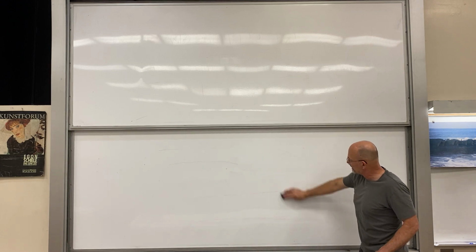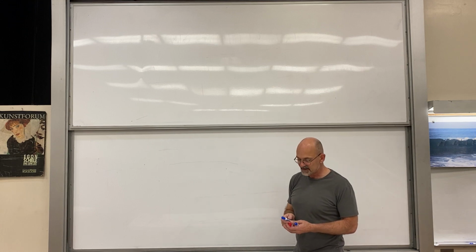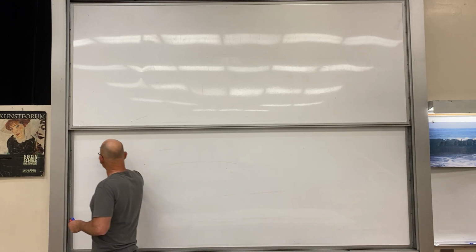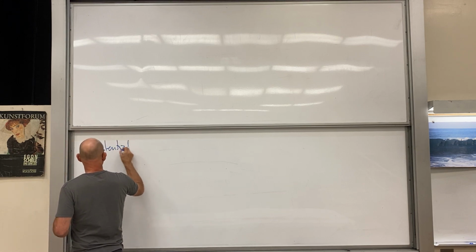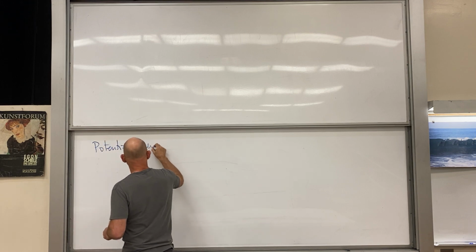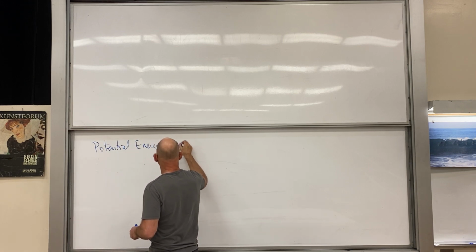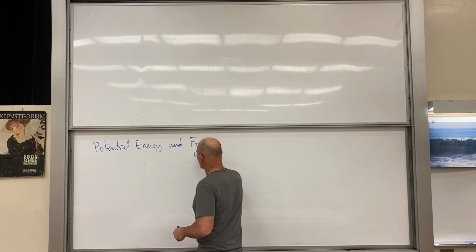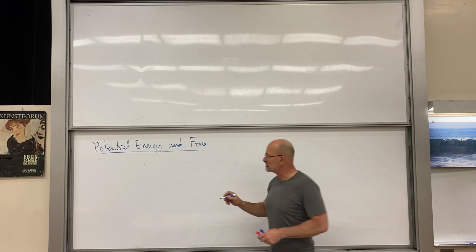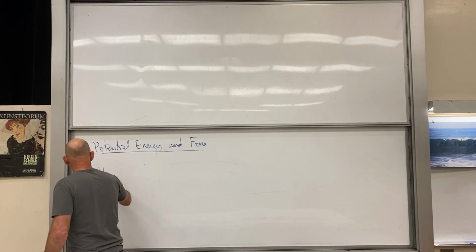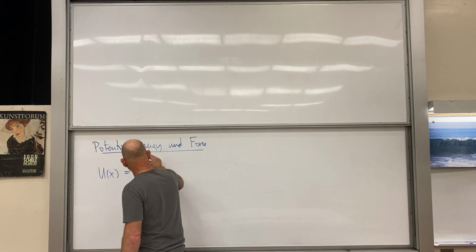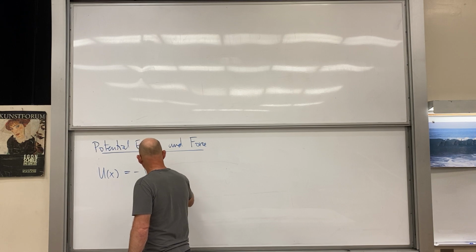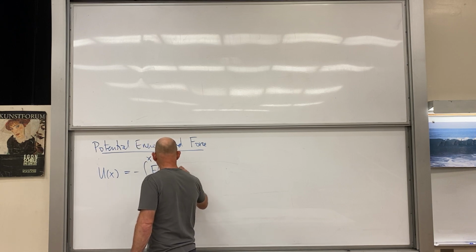Okay, I had mentioned the fundamental theorem of calculus some time ago. So what are we going to call this? Potential energy. We'll just call this potential energy. And force. So we introduced the potential energy in this integral form, minus integral some constant to x, and we integrate over x prime.